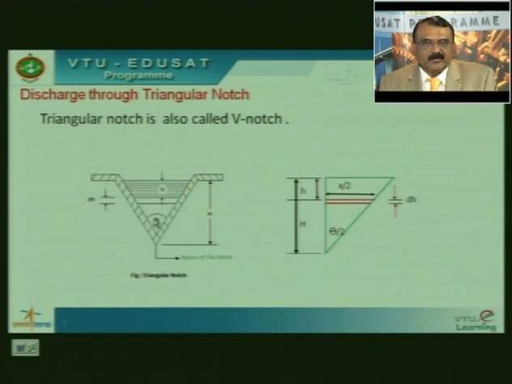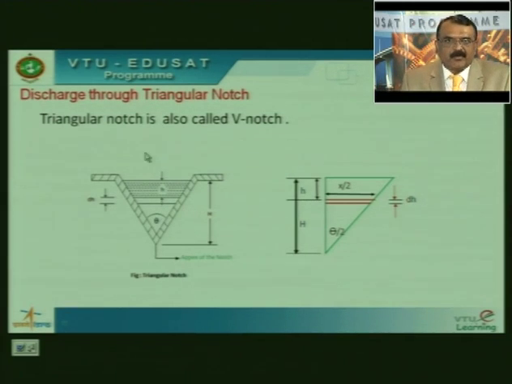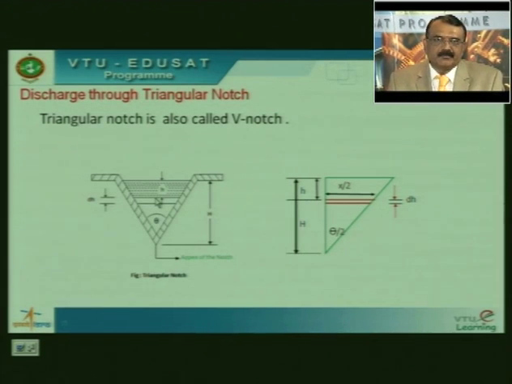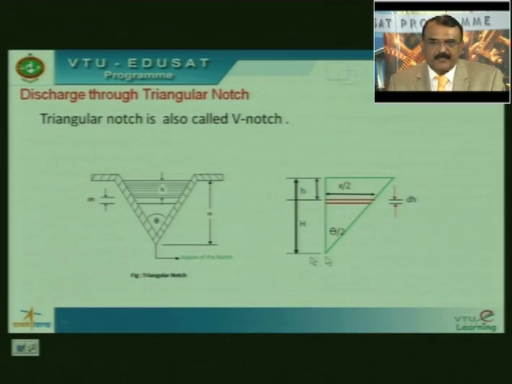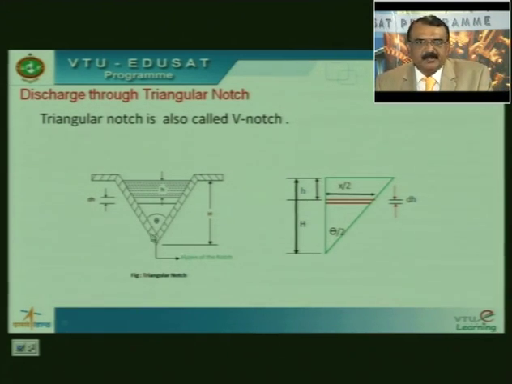We call it the apex angle. If I cut this triangle into two equal parts and take one triangle, it looks like this. This whole angle is theta, half of that is theta by 2. This whole vertical head is capital H.